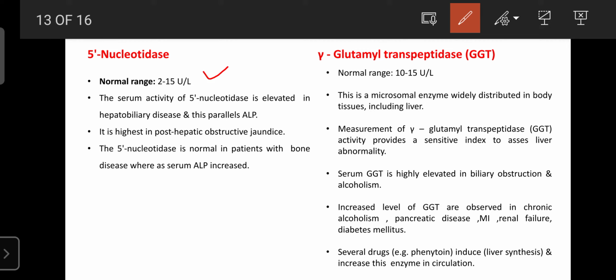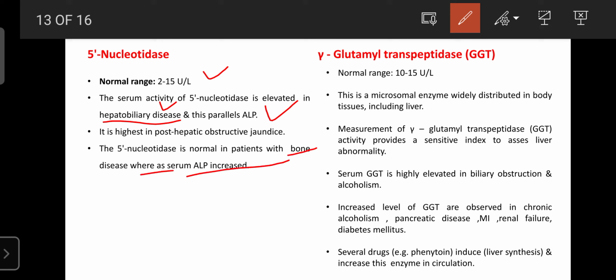So serum 5 nucleotidase is elevated in hepatobiliary disease, parallel to the ALP. Along with ALP, it also increases. Then it can denote that the person is suffering from hepatobiliary disease. The 5 nucleotidase is normal in patients with bone disease where serum ALP is increased.